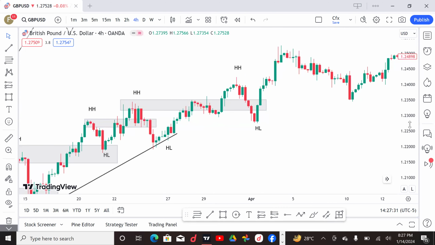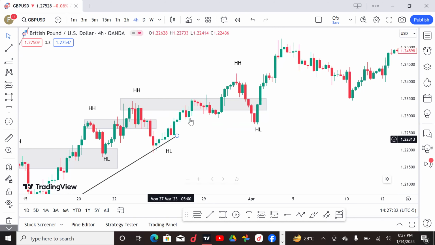So look at what happened here. This was our higher high. This was our lower high. Sorry, this is a higher high, and look at what price did. Price rallied after taking this our previous higher high, right?